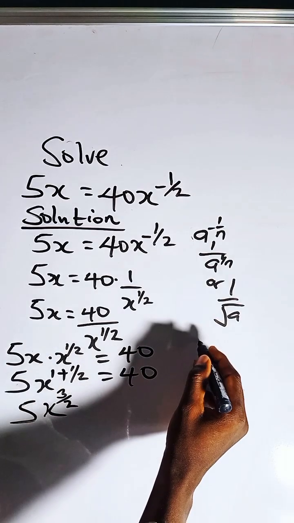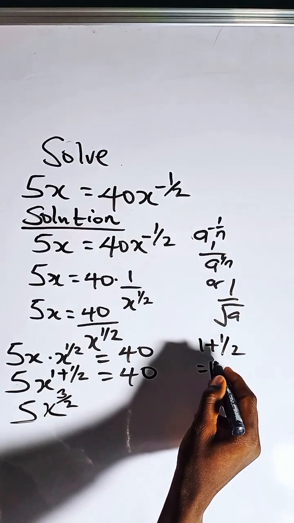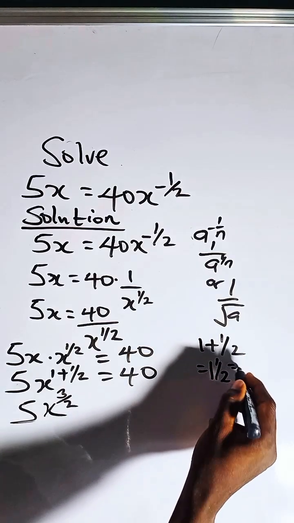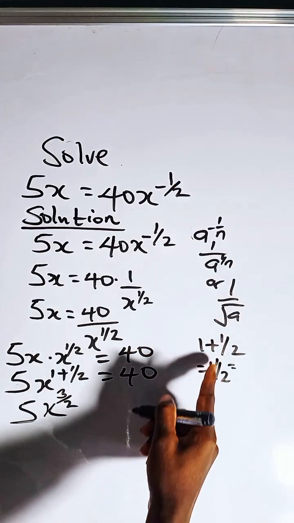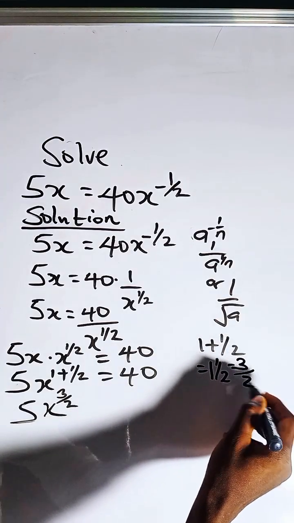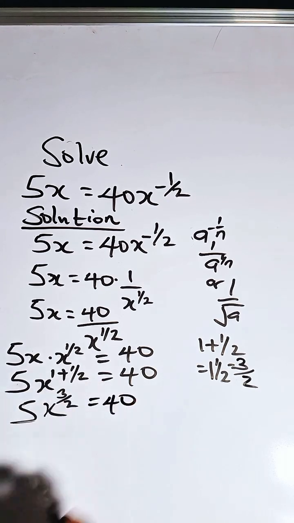How do we do that? When we say 1 plus half, we have 1 and a half, so we can convert this to an improper fraction: 2 times 1 is 2, plus 1, we have 3 over 2, equals 40.